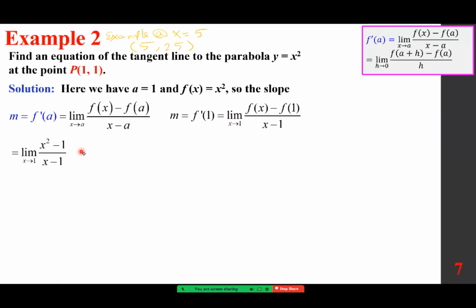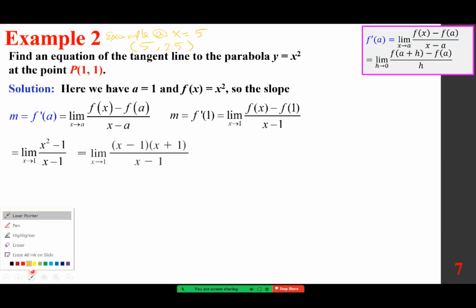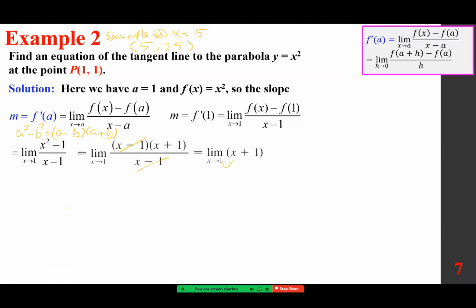So you factor this into x minus 1 and x plus 1, because everybody knows that a squared minus b squared is a minus b times a plus b. These two cancel each other. And now when we plug in, we get number 2.